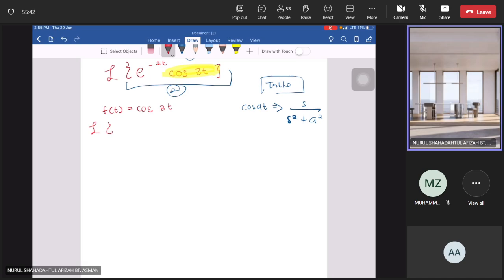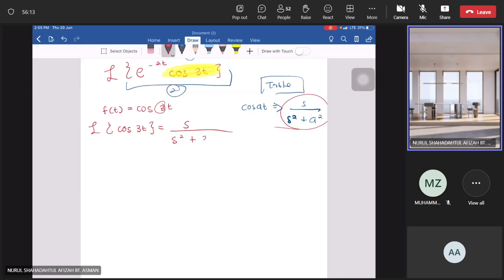So you get your Laplace for cos 3t equals, just copy, s over s squared plus a squared. For a, just put in the value 3. So 3 squared. And then you get s over s squared plus 9. So this one is for the first theorem.